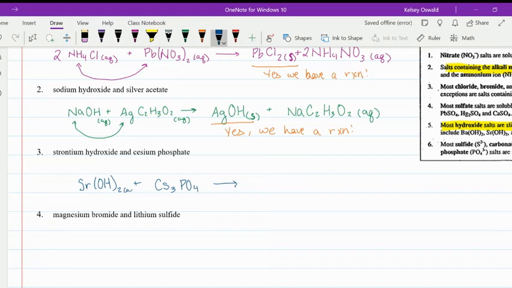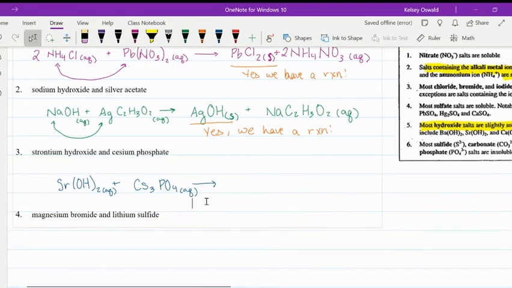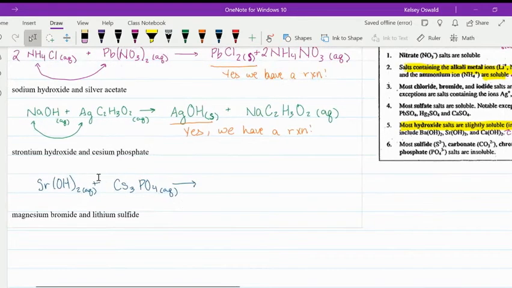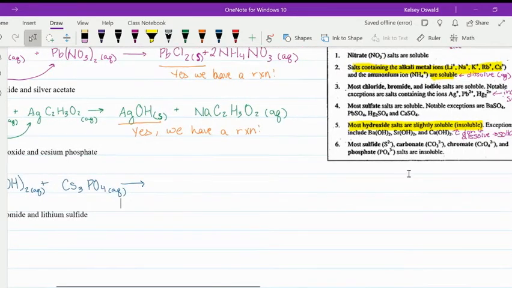Again, it's pretty safe to assume that both of these reactants will be soluble. They're both going to be aqueous solutions, but we can go ahead and check. Looking at our hydroxides, it says most hydroxides are insoluble, like what we saw with our silver hydroxide, except when we look at strontium hydroxide.